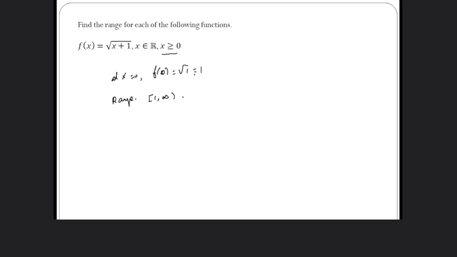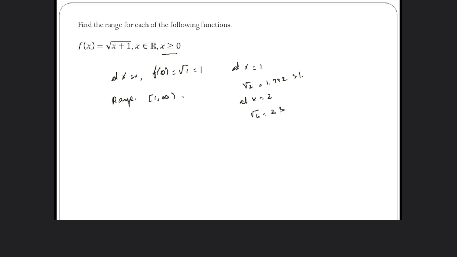How can we say that? Just check whether the value is less than 1 or greater than 1. Substitute x equal to 1, that is root 2. Root 2 is 1.732 approximately, which is greater than 1. So it is an increasing function. By this way, we can find some values.